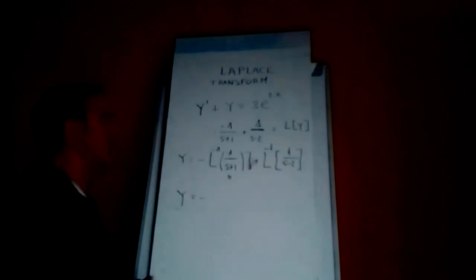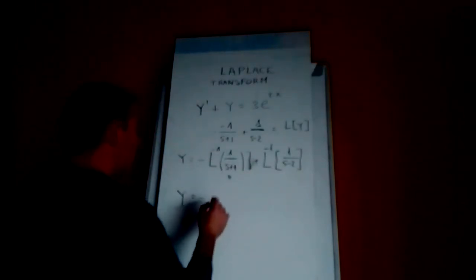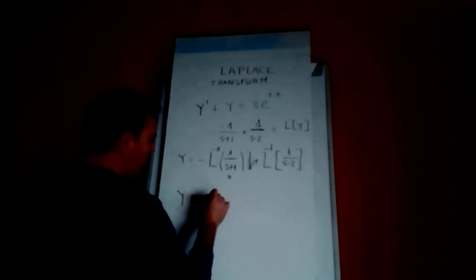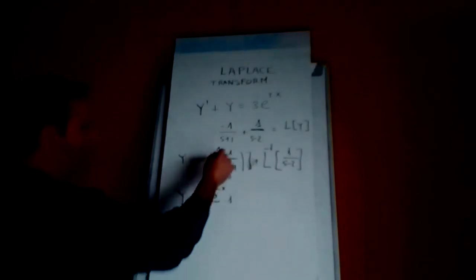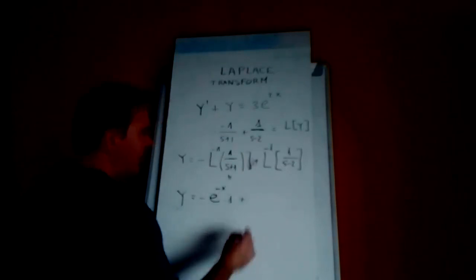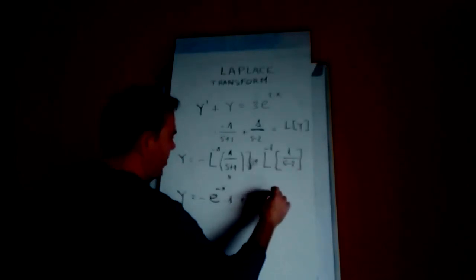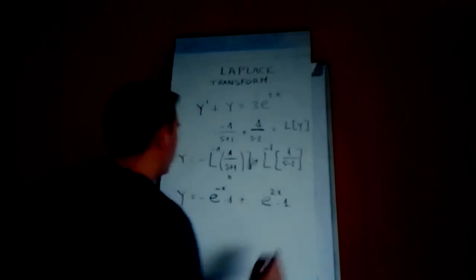For the inverse transform of 1 over s plus 1, we have to keep in mind the translation formula of Laplace transforms. This gives us e to the power of minus x times 1, the coefficient in the numerator, plus the second term, using the translation formula, e to the power of 2x times 1.